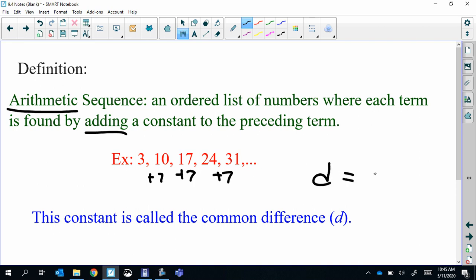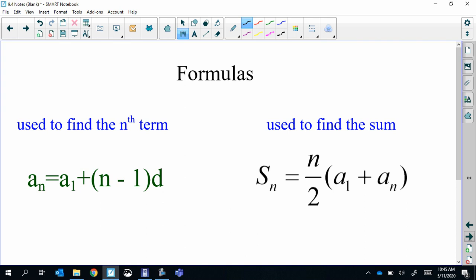So d equals 7. We've got two formulas we're going to look at, and there's a different way that I often like to think about this one instead. You can just take the first term and then do n minus 1 times that common difference. That's totally fine.